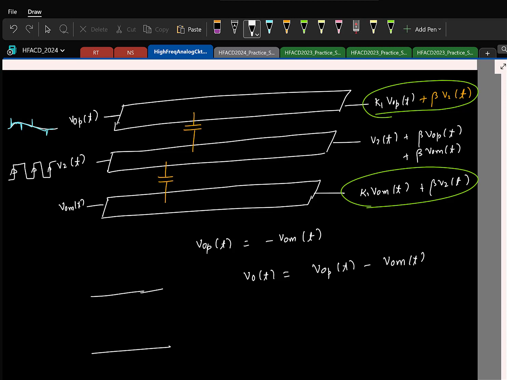So which means this is going to be plus VO by 2, this is minus VO by 2, and usually of course we don't have negative voltages, so we add DC bias. I'll call it the output common mode. So this is the output common mode, that is the output DC bias that we are adding.